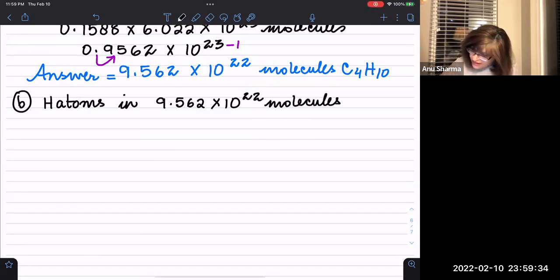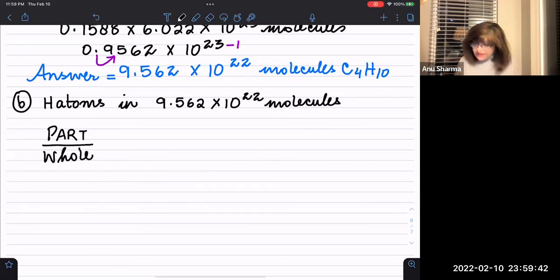This is a small part over the whole. So we are asking how many hydrogen atoms are there.